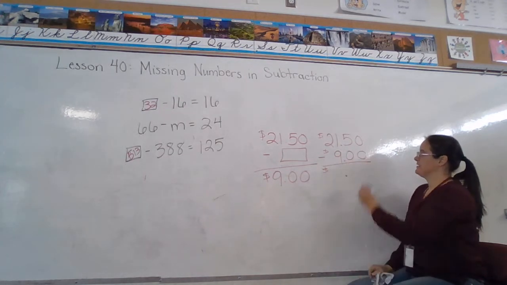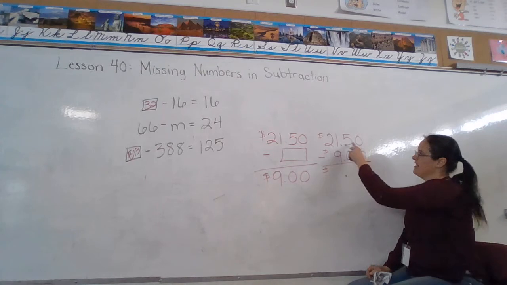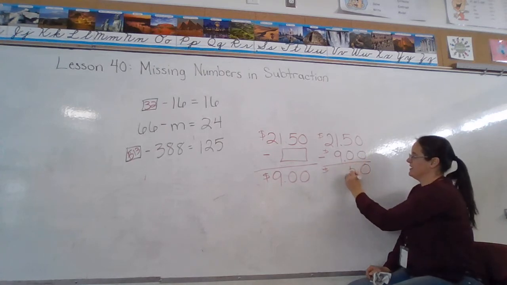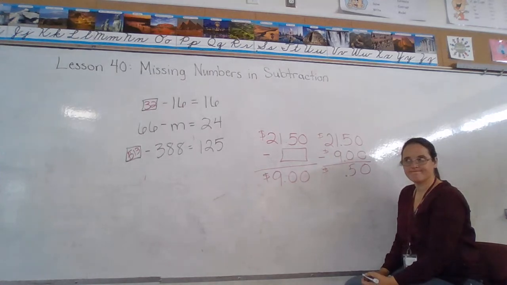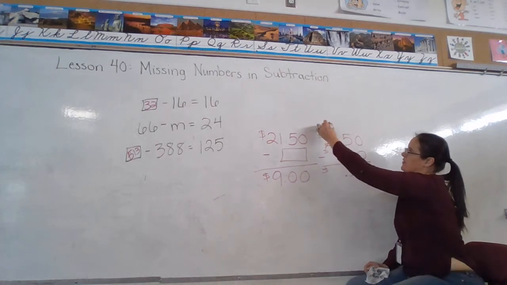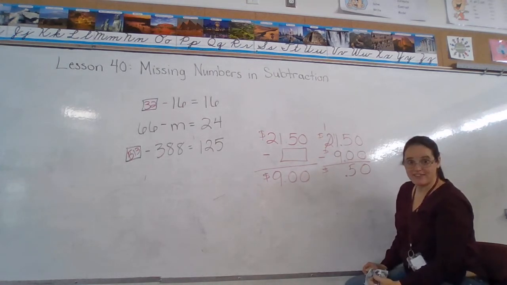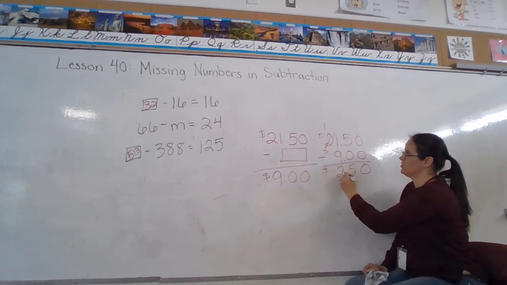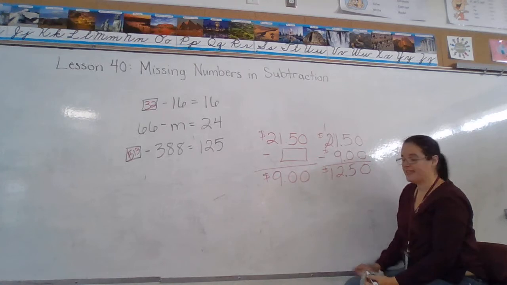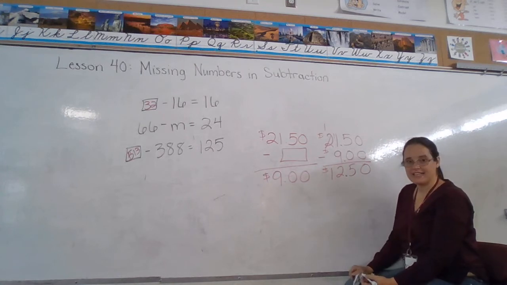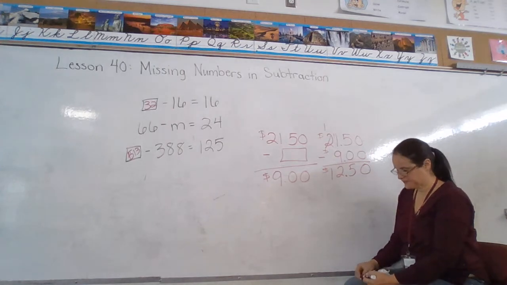And 0 minus 0 is 0. 5 minus 0 is 5. 1 minus 9, can't do that, have to borrow. Now 11 minus 9 is 2. 1 minus nothing is 1. And I can see that Angus spent $12.50 at the carnival.